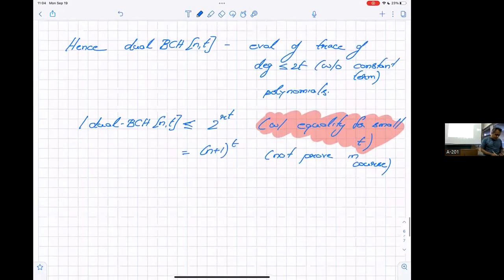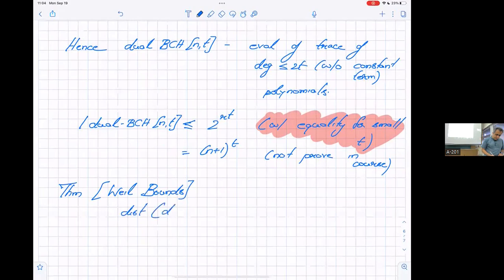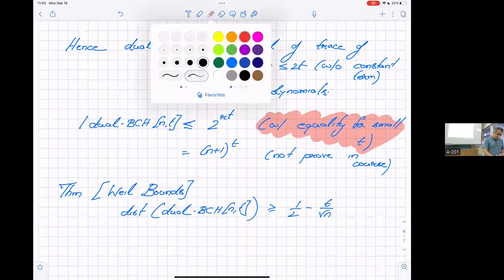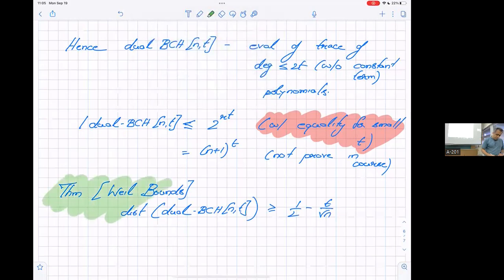These are called the Weil bounds, and it follows from the Weil bounds that the fractional distance of dual BCH_t is actually greater than half minus t times a square root term. The distance is very close to half, so they almost meet the Plotkin bound.